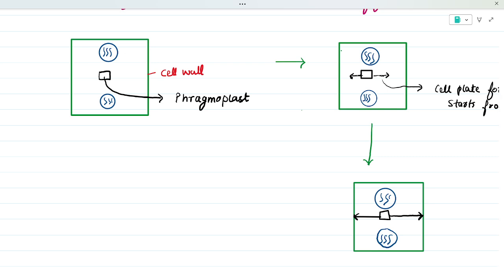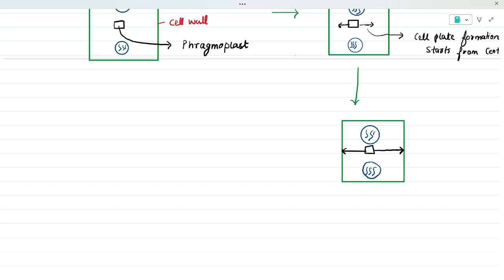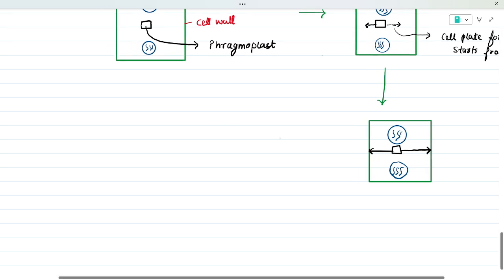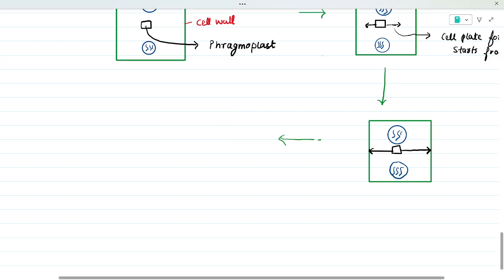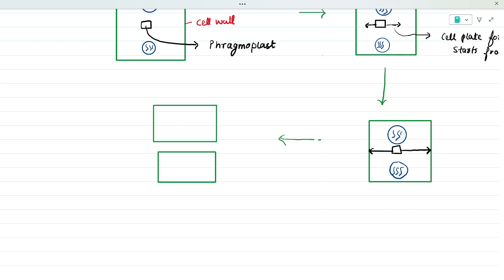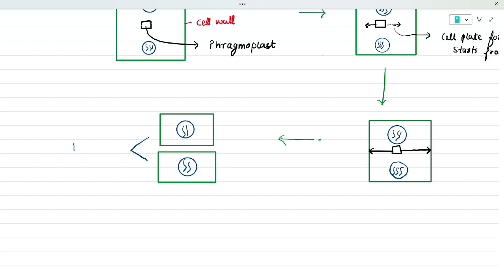So in this way cell wall formation occurs, cell plate formation occurs, and eventually there would be formation of two daughter cells that are of almost the same size. These are the two daughter cells.